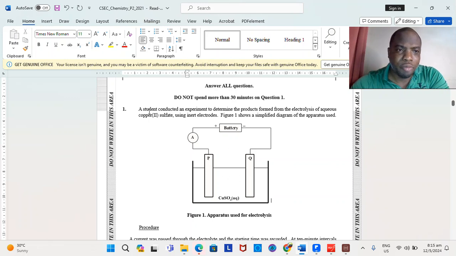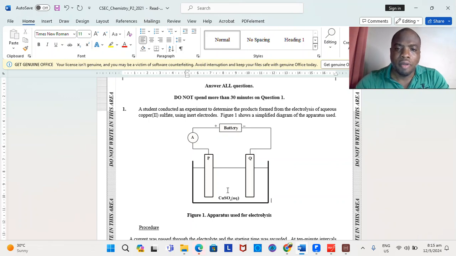And just to have a brief discussion as to what is happening. Now, one of the things that we want to do for electrolysis is to ensure that the ions, whether the cation or the anion that is going to be in the electrolyte, would have been mobile.